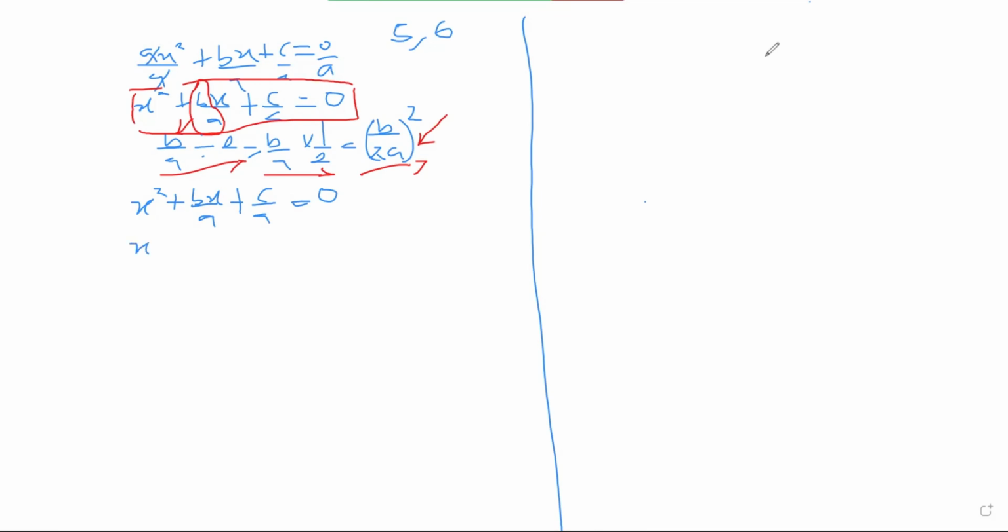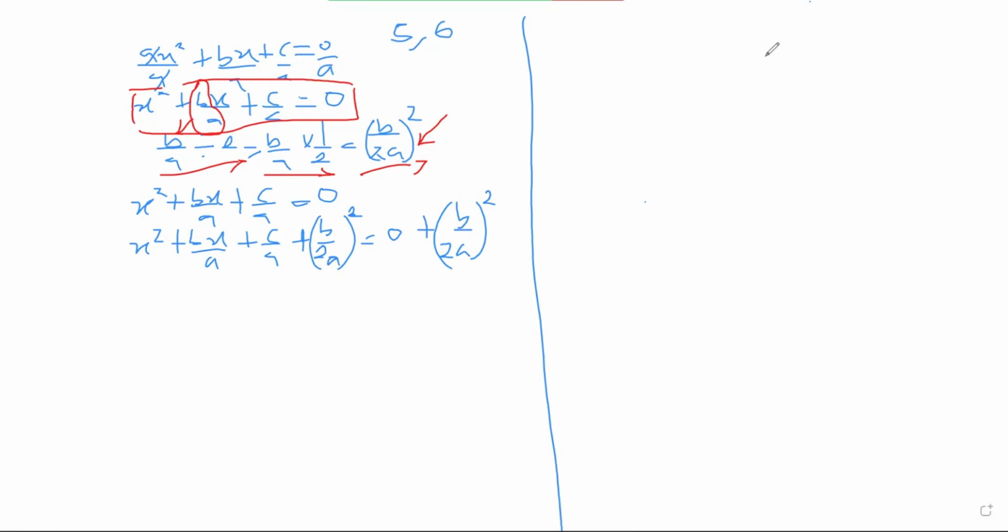So we are going to have x squared plus bx over a, then plus c over a plus b over 2a, everything all squared, equals 0 plus b over 2a, everything all squared.